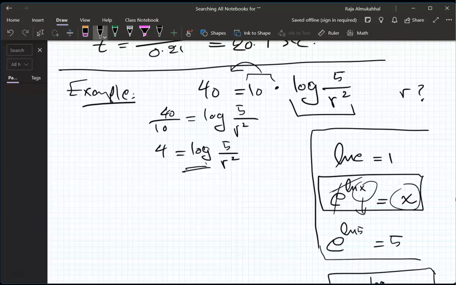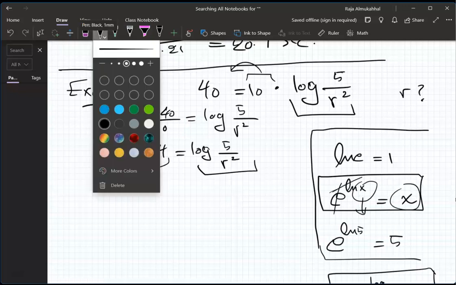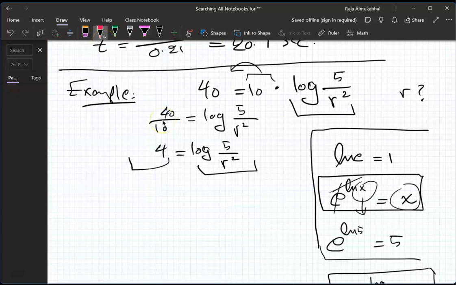Well, you do kind of the opposite. Because you're trying to get rid of this log, you put both sides to the power of the base 10. So in other words, you go like this: 10 to the 4 equals 10 to the power of log 5 over r squared.